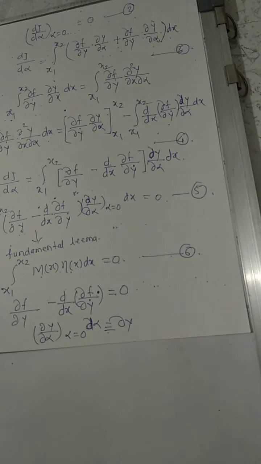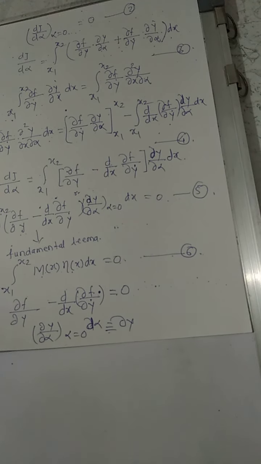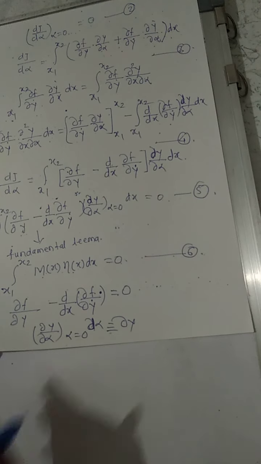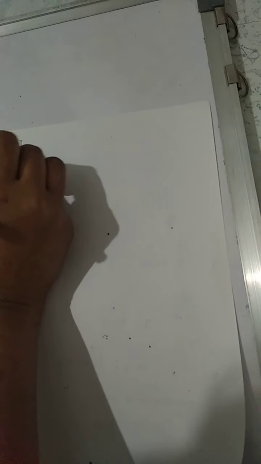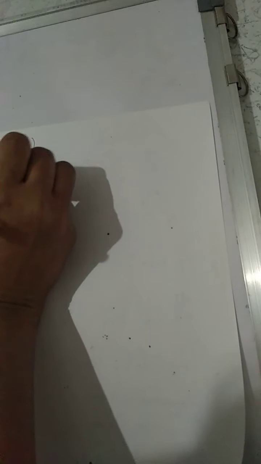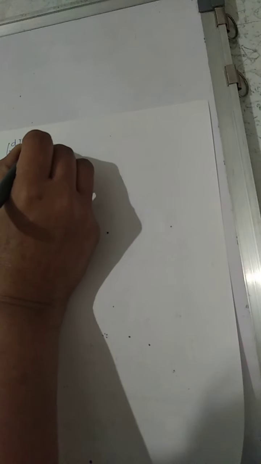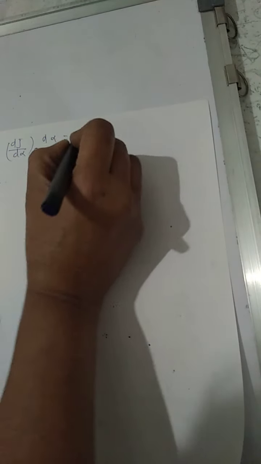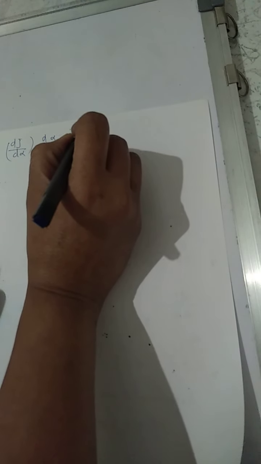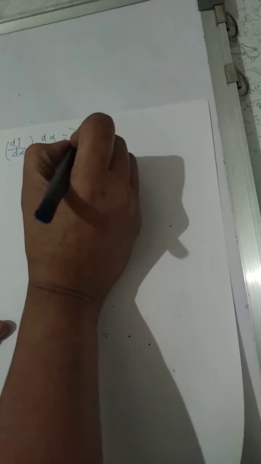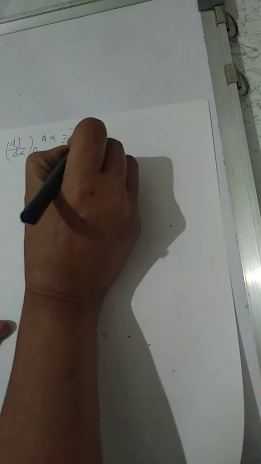And similarly, the variation of J about the correct path can be designated dJ/dα at α = 0, dα, which is equivalent to δJ.